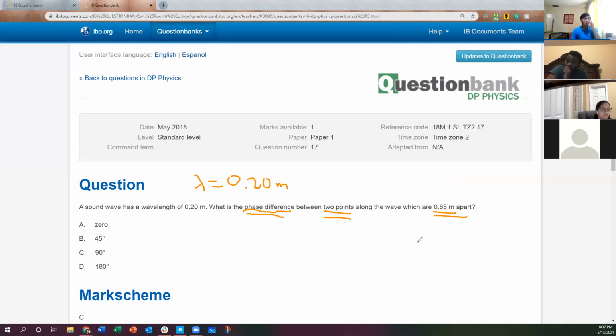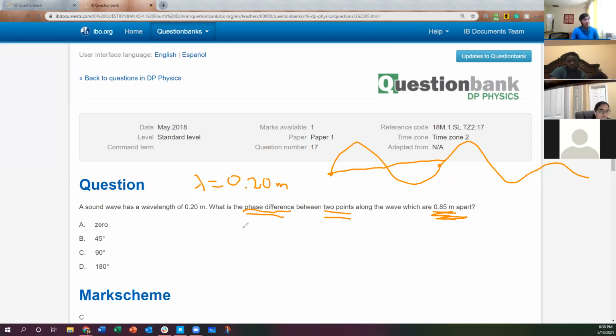Okay, the way I like to see this is, this is lambda. Okay, this is lambda from here to here. Now, if these 2 points are 0.85 meters apart, do you notice that this 0.85 is bigger than lambda?